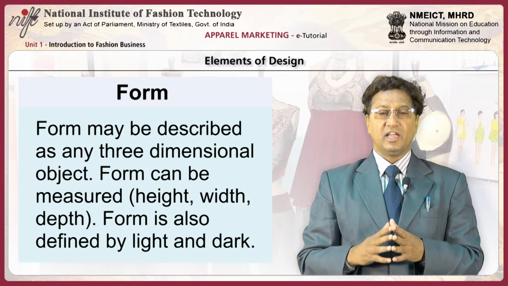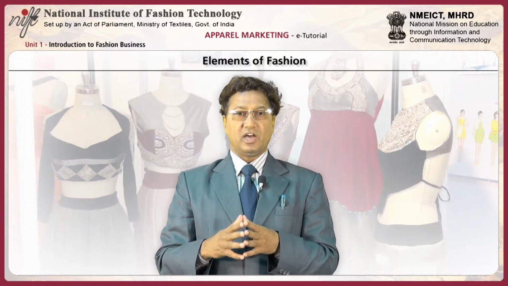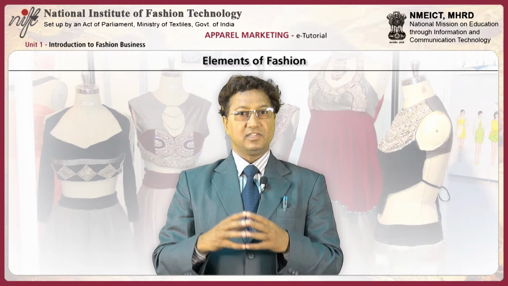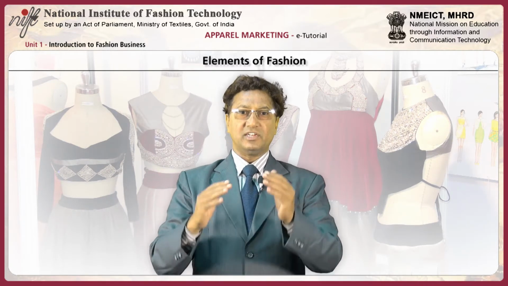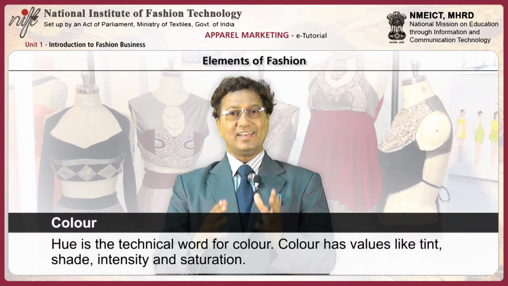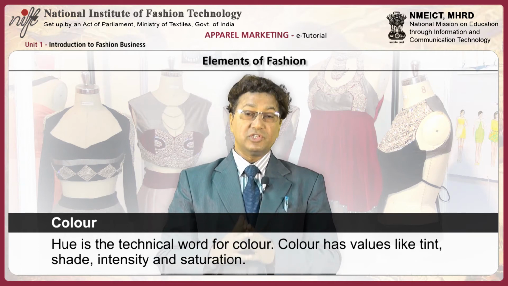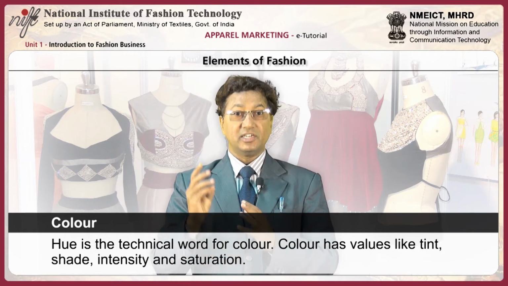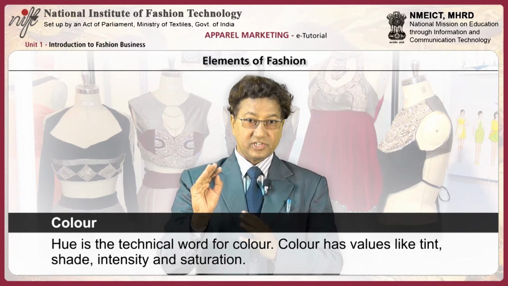Now let's understand what are the elements of fashion. The elements of fashion are again color, silhouette, line and texture. Now let us understand one by one. Again color, which is hue, is the technical word for color. Color has values like tint, shade, intensity and saturation.